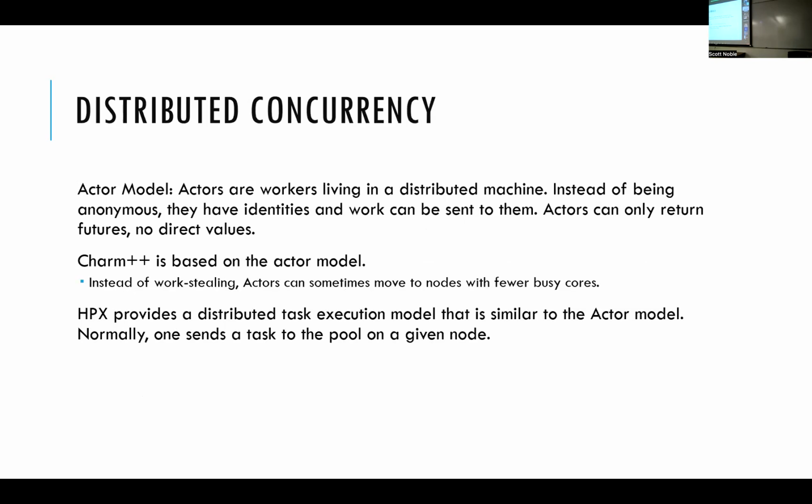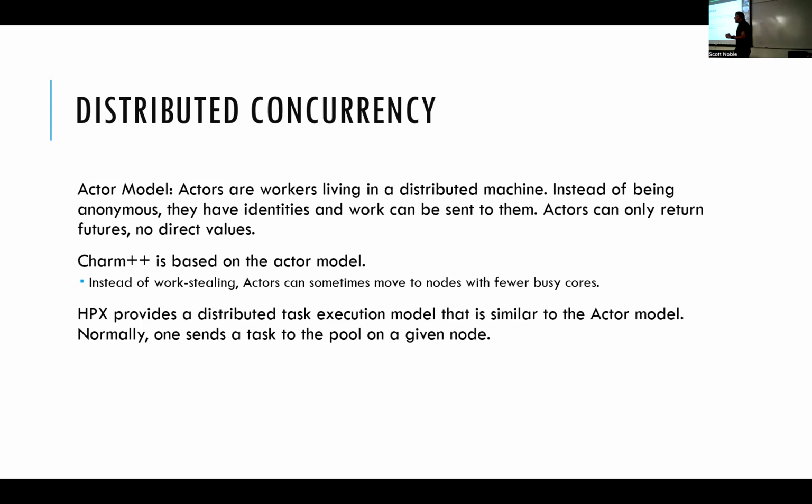So, distributed concurrency. When one wants to take this paradigm up to a distributed system, which is what we all program on, there are a couple of different ways of handling that. One is called the actor model, and an actor is kind of a nice concept, right? It's a worker that lives in a distributed machine, and instead of being anonymous like we would typically have with the async future paradigm, the actors have identities, and we can send tasks to them.